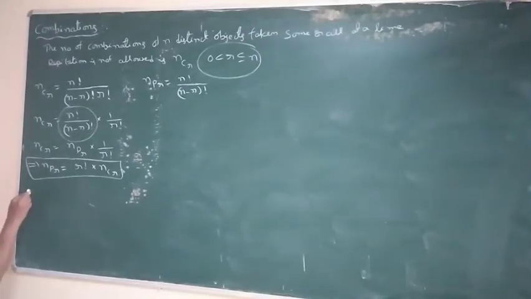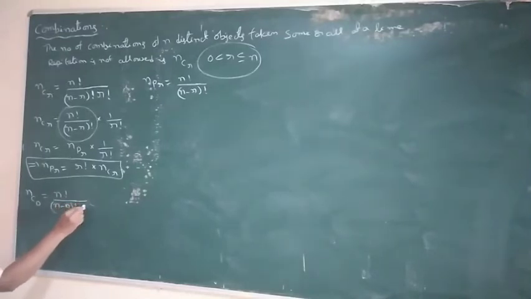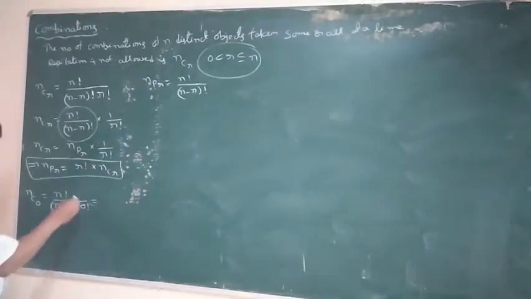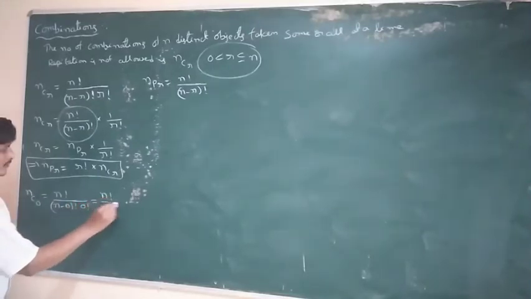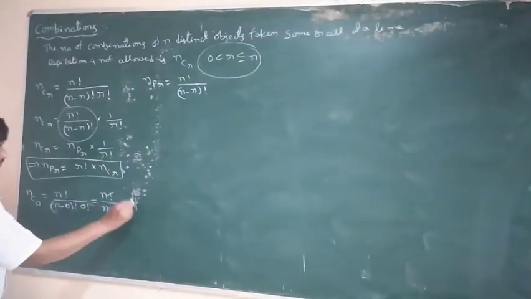So nC0 is equal to n factorial by (n minus 0) factorial into 0 factorial. Since 0 factorial is equal to 1, n factorial cancels and it is equal to 1.